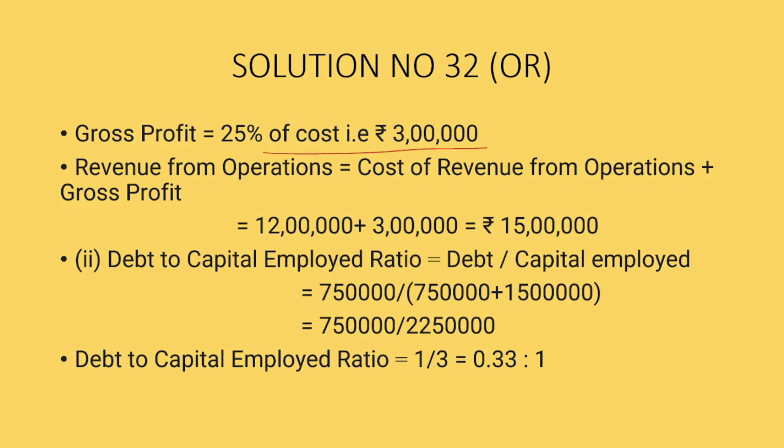Revenue from operations equals cost of revenue from operations plus gross profit, that is 12 lakhs plus 3 lakhs, that is 15 lakhs. And debt to capital employed ratio is debt by capital employed, that is 7,50,000 divided by 7,50,000 plus 15 lakhs, that is 7,50,000 by 22,50,000, that is debt to capital employed ratio is 1 by 3, or always debt to capital ratio is written in the form of is to, so therefore 0.33 is to 1.